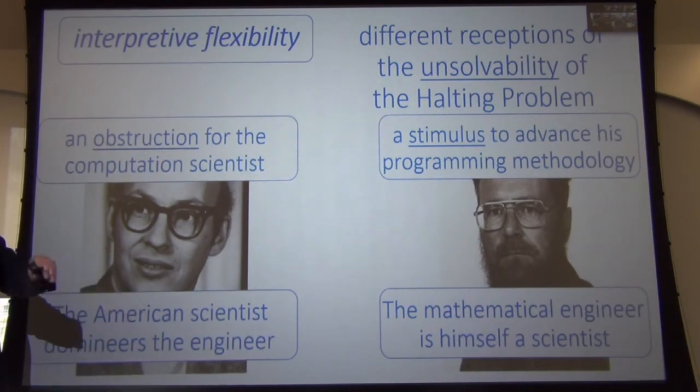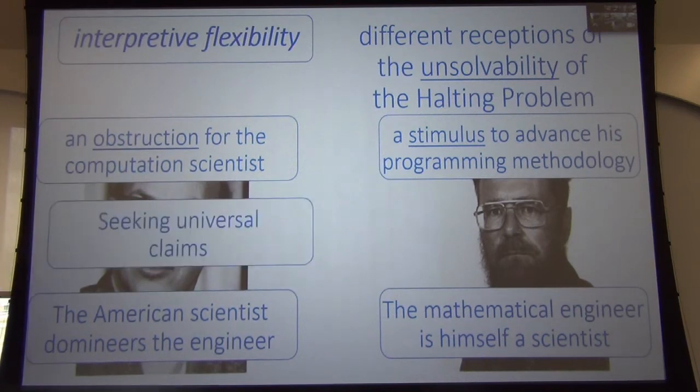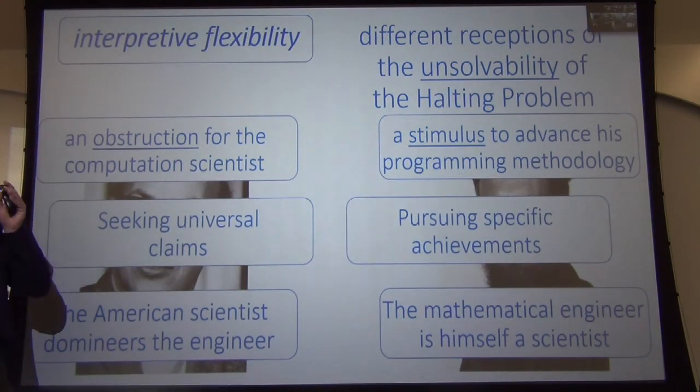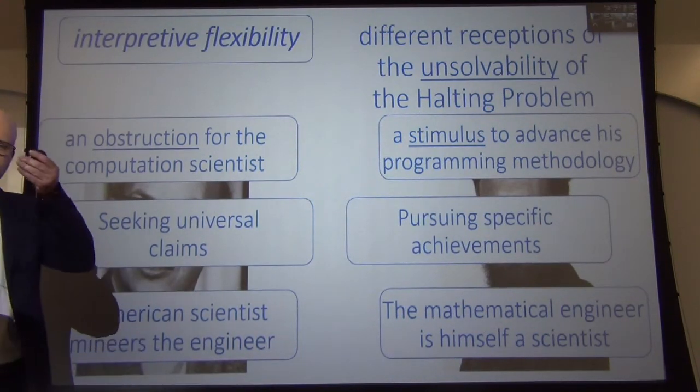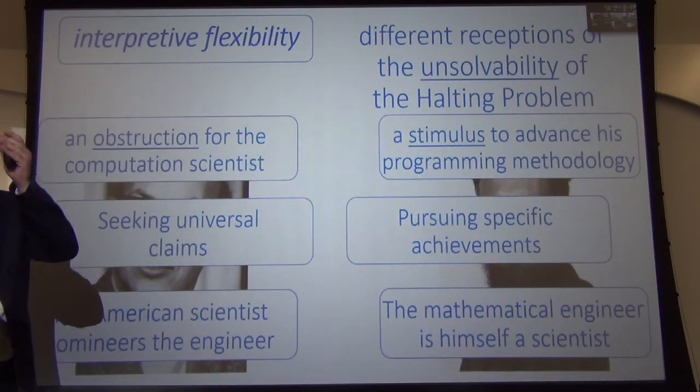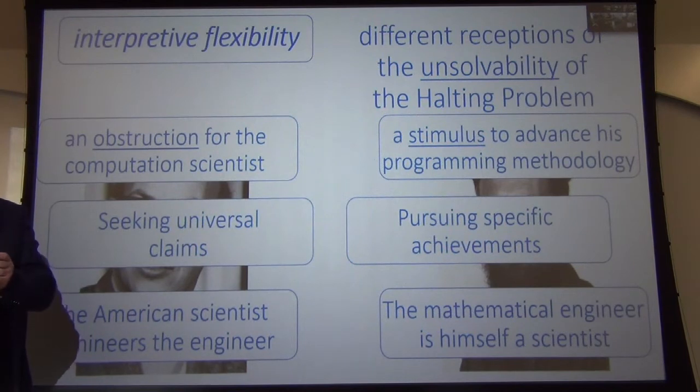So the mathematical engineer is himself a scientist, while we have the Minskian kind of computer scientist seeking universal claims, wanting computer science to be a universal science. We have Dijkstra pursuing specific achievements in a very mathematical, rigorous manner, trying to construct software for a specific product in a scientific, mathematically rigorous manner.